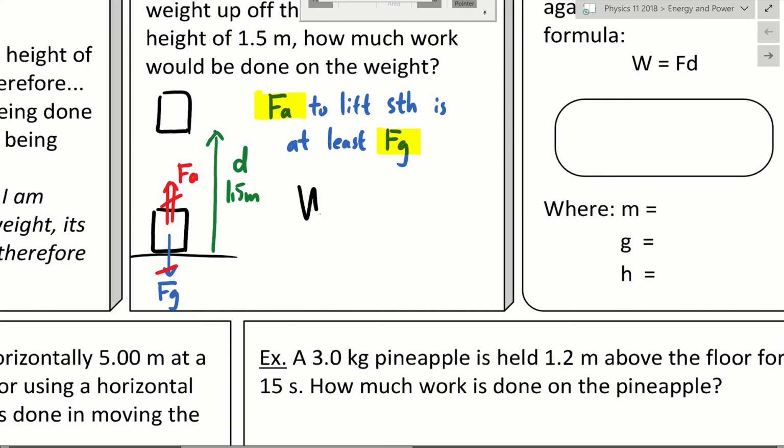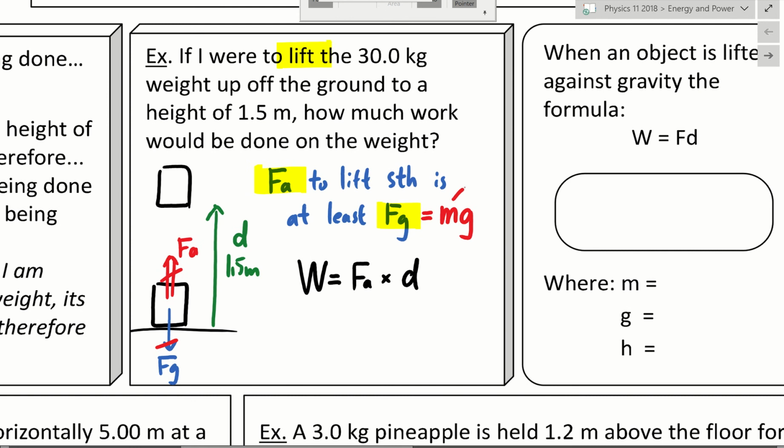So that's our applied force. Now, to calculate work done, it should be the applied force multiplied by the distance, but our applied force is just at least Fg. And how do you get Fg? mg. So what is the mass of the object? 30 kilograms. Then what is the force of gravity on it, or its weight?